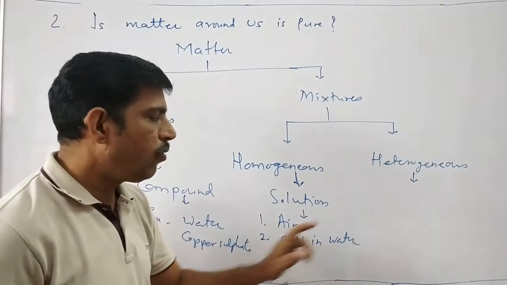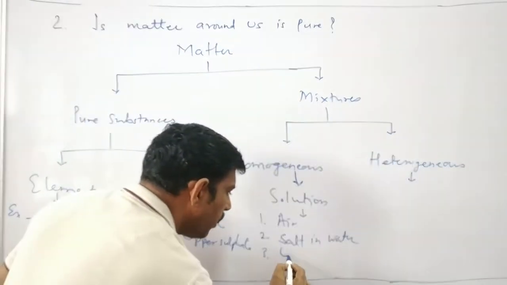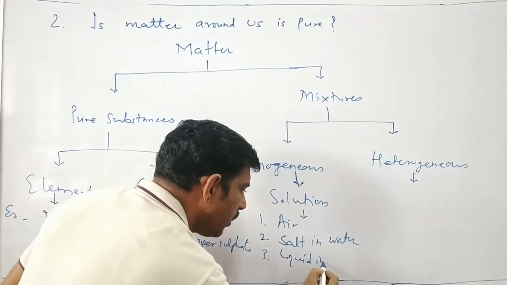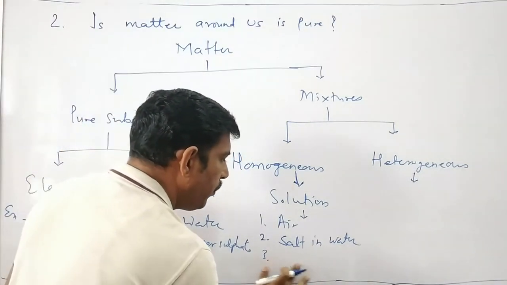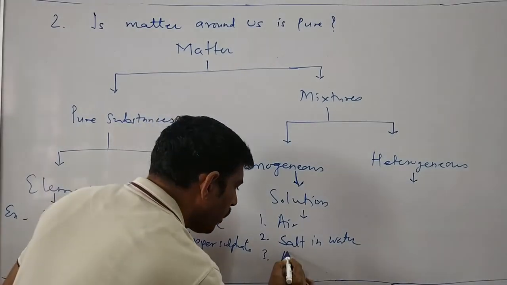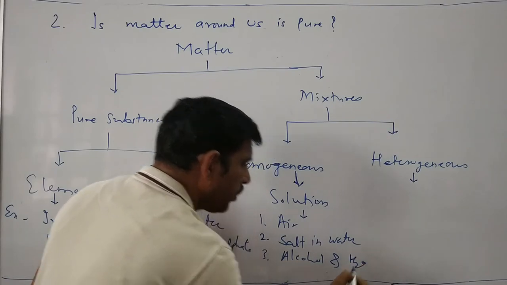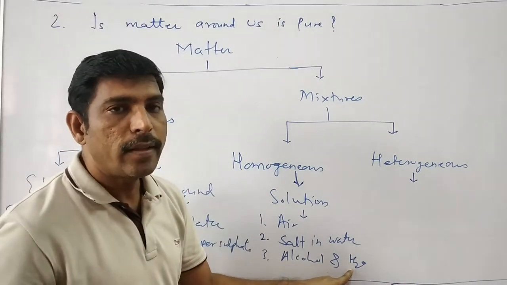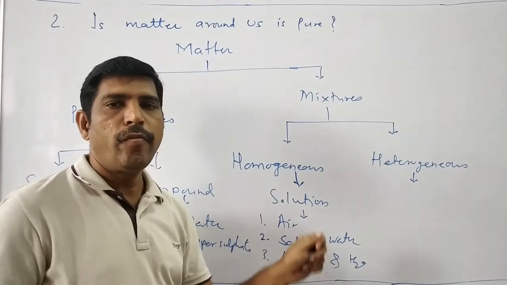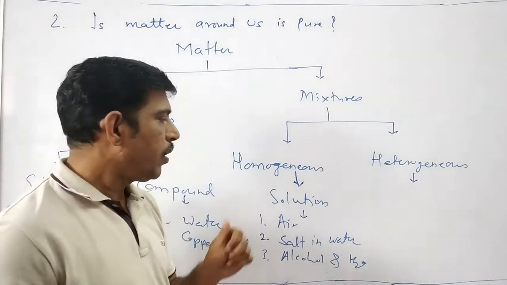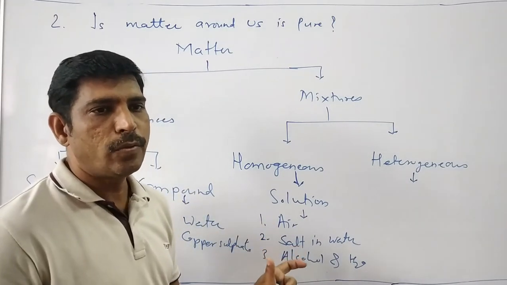Third, liquid in liquid: a mixture of alcohol and water. Alcohol and water both are liquids, so this is liquid in liquid. In this way we can prepare different types of solution. But the point is that these components should mix together.